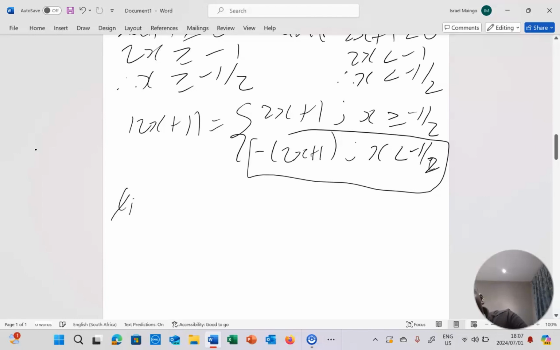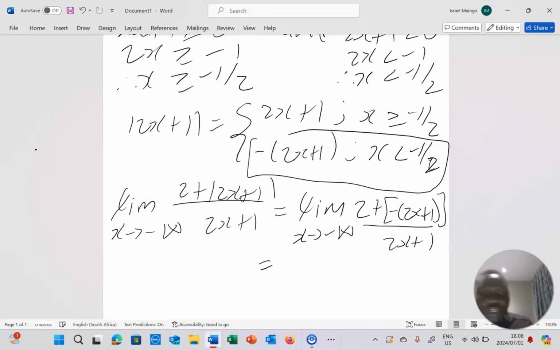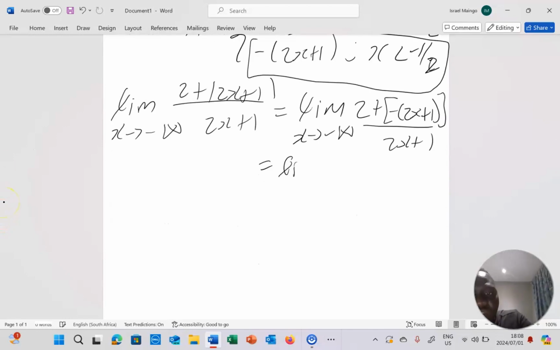Therefore the limit as x approaches negative infinity of 2 plus the absolute value of 2x plus 1 all divided by 2x plus 1 will be equal to the limit as x approaches negative infinity of 2 plus negative (2x plus 1) all divided by 2x plus 1. This will be the limit of 2 minus 2x minus 1 all divided by 2x plus 1.